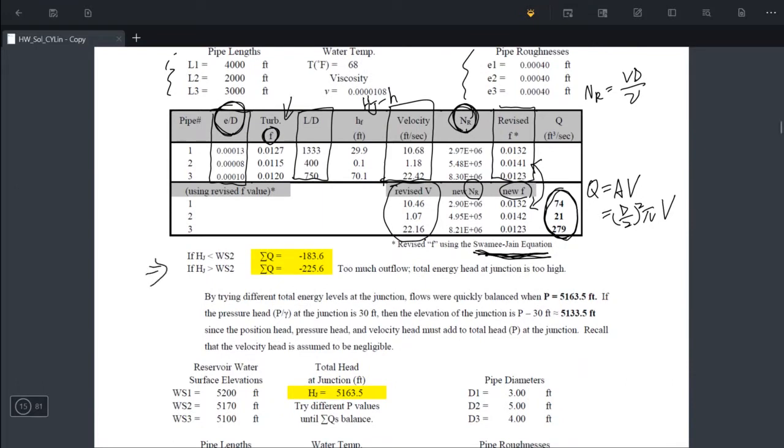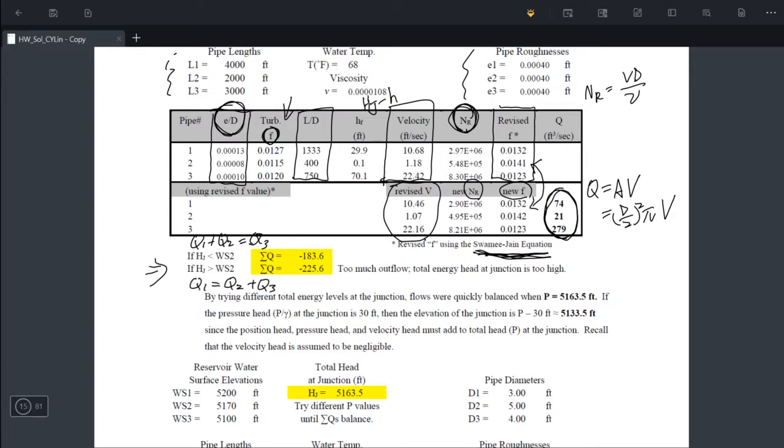If HJ is less than the energy at reservoir 2, that means the water at reservoir 2 will flow to the junction. In this case, Q1 plus Q2 will equal Q3. On the other hand, if this sign is opposite, then Q1 will equal Q2 plus Q3.